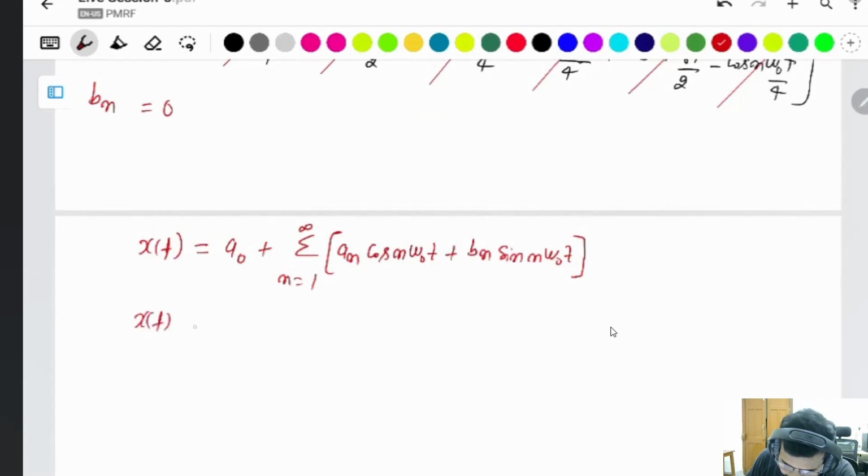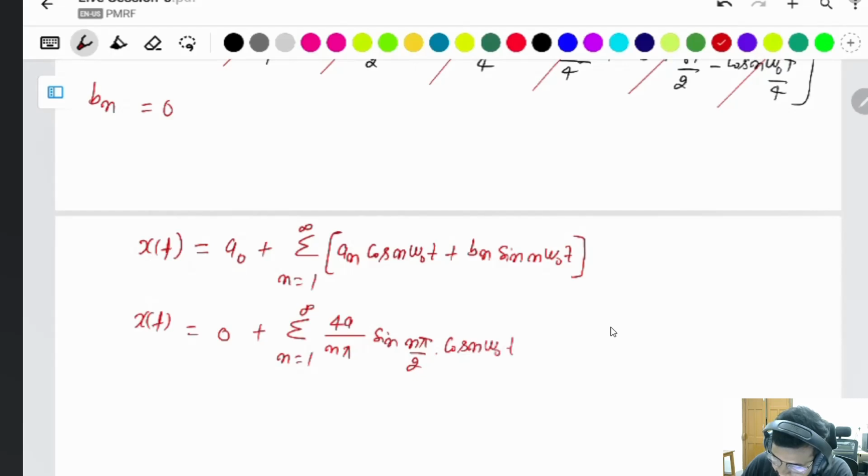For the signal a naught will be 0, an is there, an is equal to summation n is equal to 1 to infinity 4a by n pi sin of n pi by 2 into cos of n omega naught t, bn will be 0.